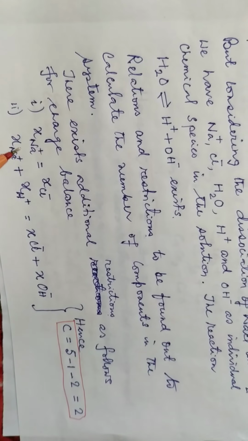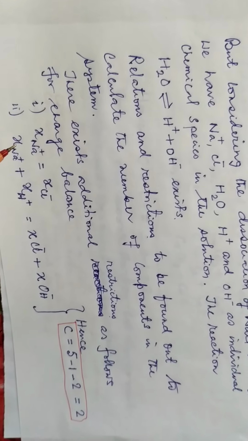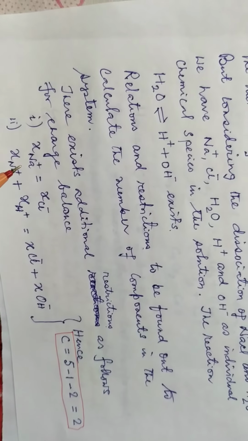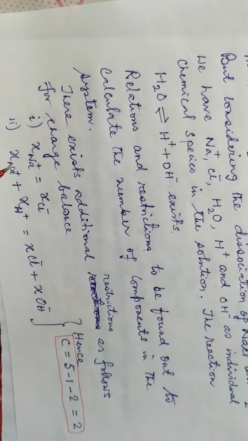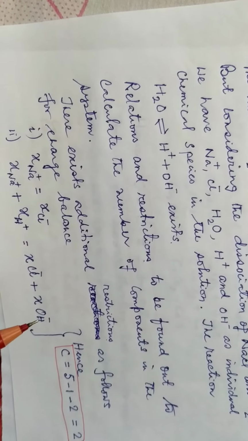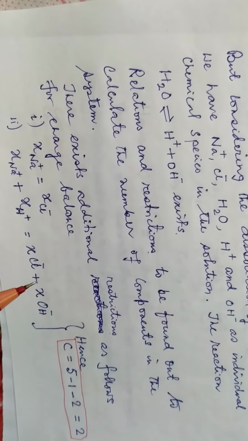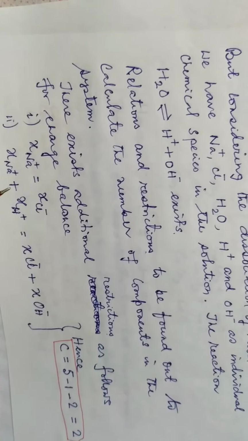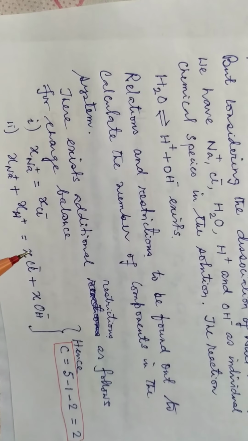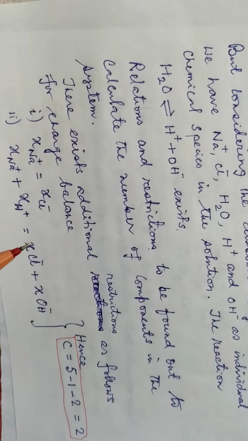And another restriction is electroneutrality or charge balance. The left hand side is the summation of positive charges, and the right hand side is the summation of the negative charges. Since the solution is electroneutral as a whole, the total positive charge must be equal to the total negative charge. So this is another condition.